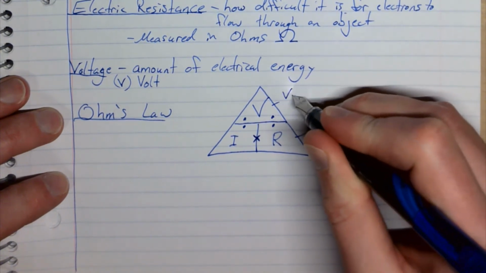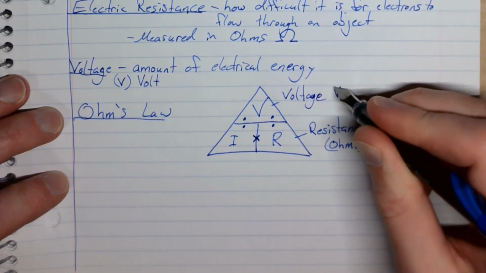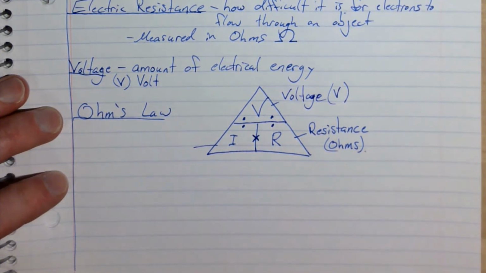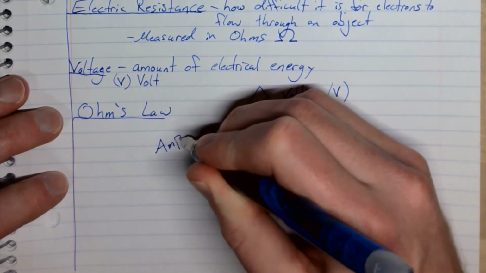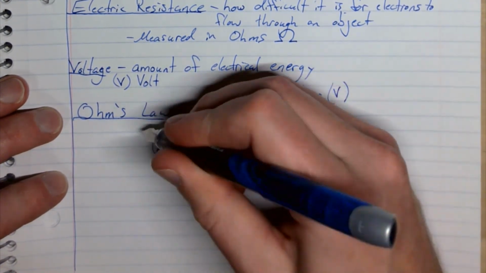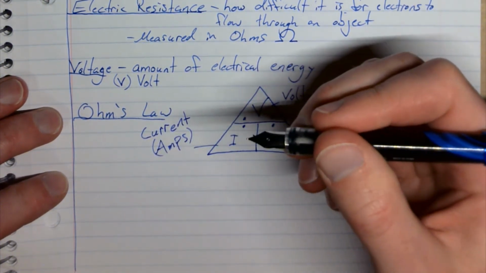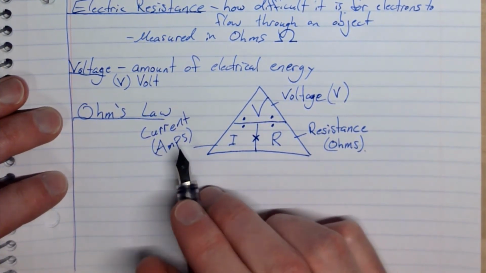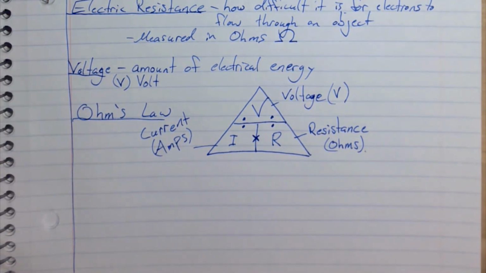This is voltage. We'll put volts. And this one, which is kind of weird, is our amperage, which is the current. So it's like the flow of electrons. So the flow, the resistance, and the energy. So there's all of those.